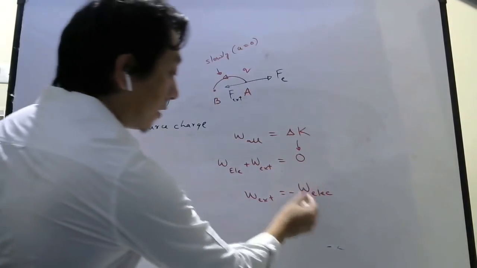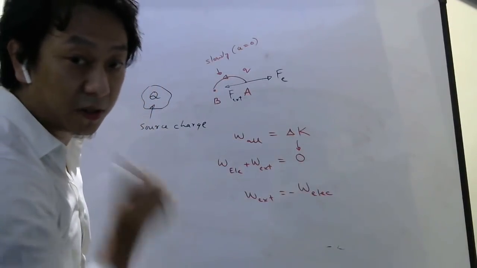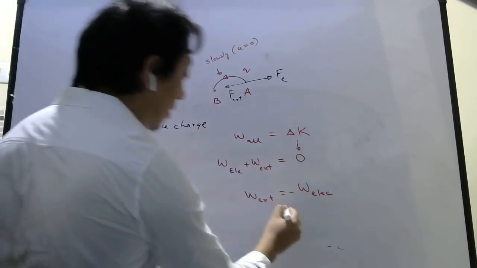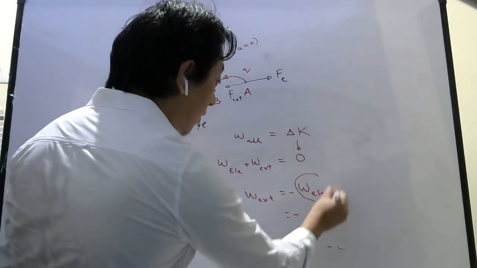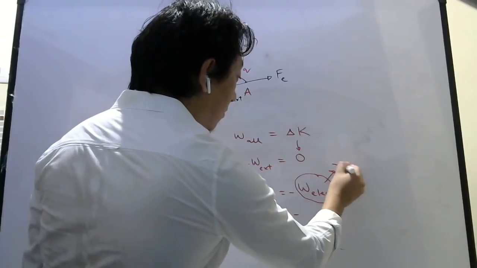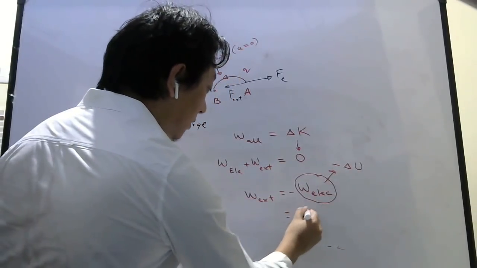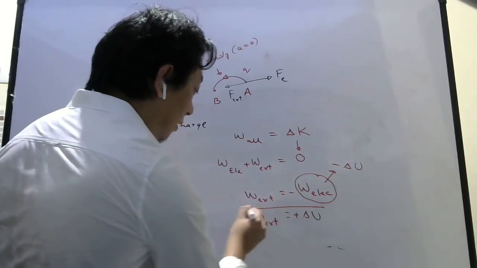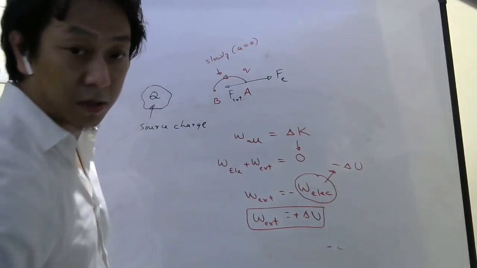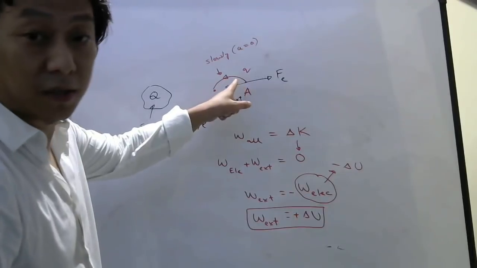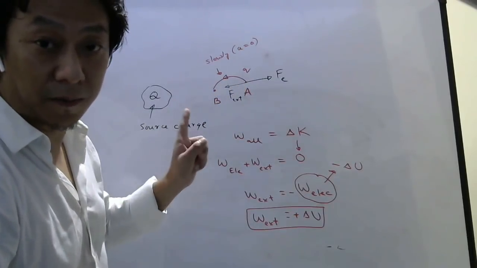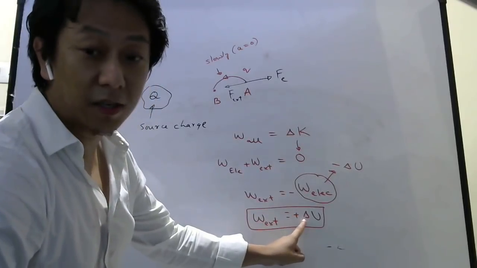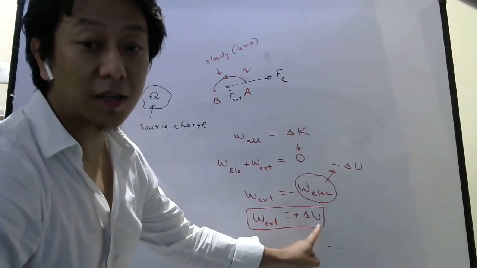And since electric field or electrostatic force which comes from electric field is conservative force, just now I told you, this will be always minus delta U. So this will become plus delta U. Okay. So work done by external force to move a charge from A to B against the electrostatic force is the change in electrostatic potential energy.